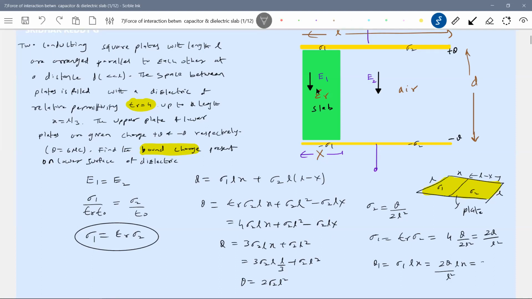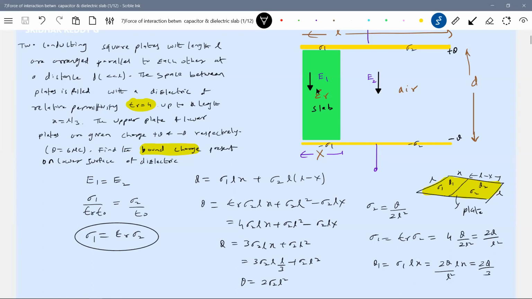So 2Q by 3 will come final. How much charge is present in this region? Q1. The total charge given on the conductor plate will get aligned because of the dielectric slab. Able to make it out?